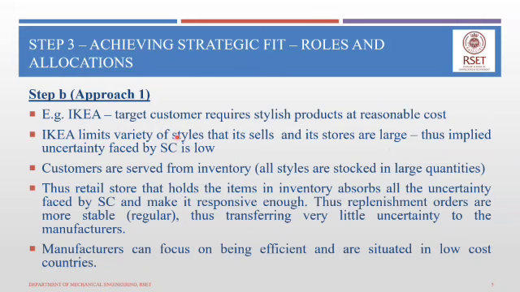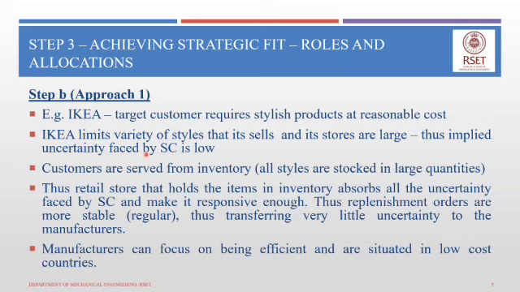So as a whole, due to its decision to limit the variety and to use very large stores where it stocks large amounts of inventory, the implied uncertainty faced by the supply chain is very low. The customers are served from the very large inventories of all the styles of products which are stocked in very large quantities in a particular store. So every store maintains all styles in very large quantities.